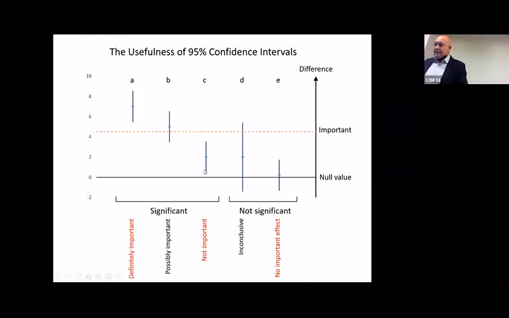It may be statistically significant, but it's not clinically important because the confidence interval doesn't include this value up here, the dashed red line where the limit of the minimal clinical importance is found. Okay, so this result here is actually statistically significant, but not clinically important.